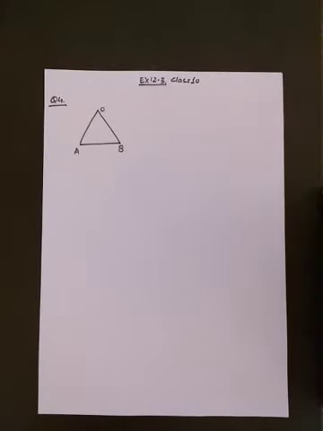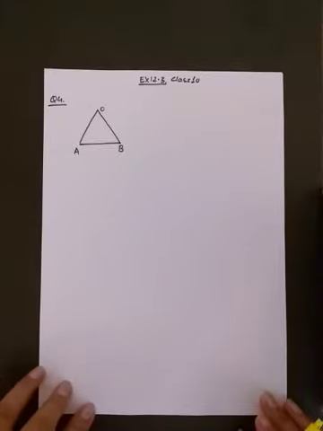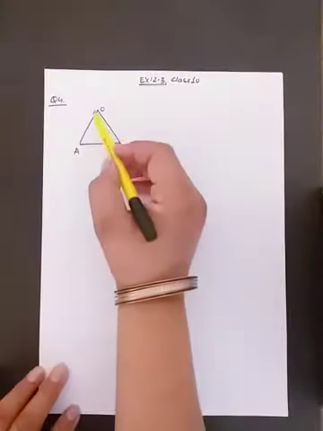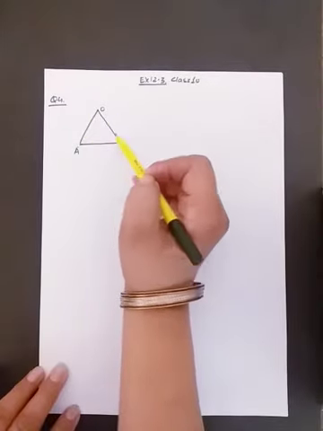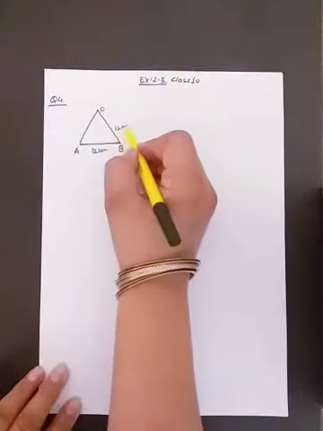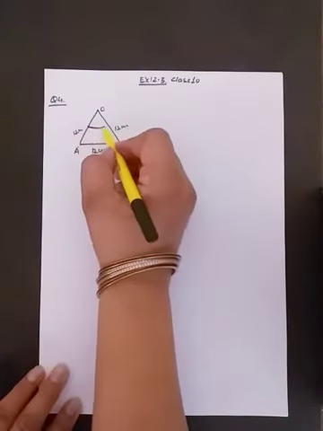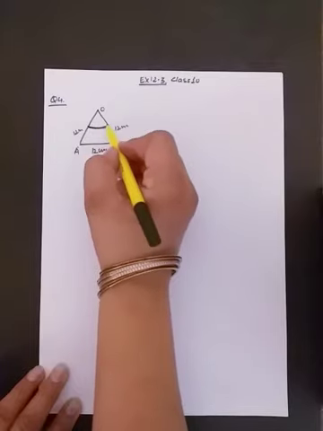Find the area of the shaded region in the figure where a circular arc of radius 6 cm has been drawn with vertex O of an equilateral triangle OAB. Meaning here triangle OAB is an equilateral triangle where each side is 12 cm. And the radius of the arc drawn by us is 6 centimeter.